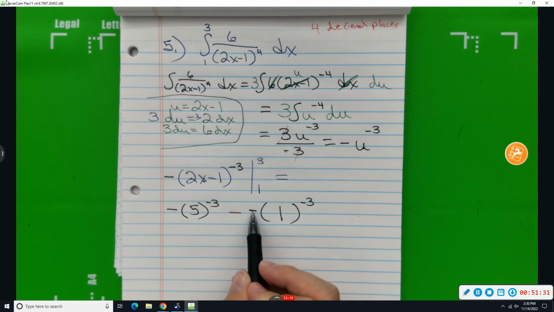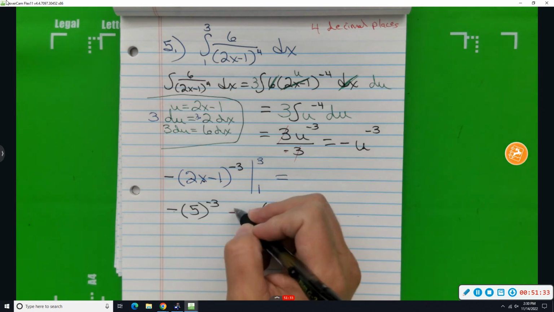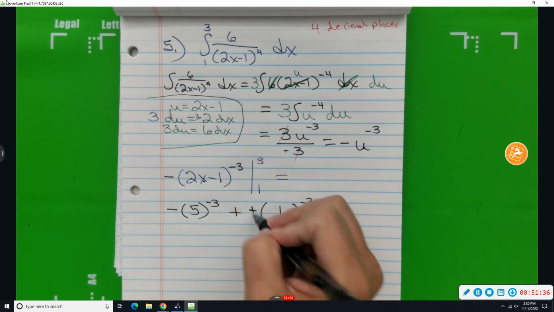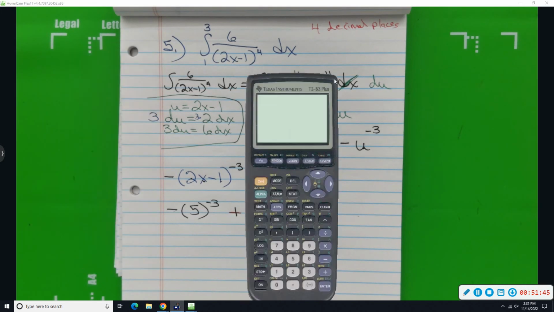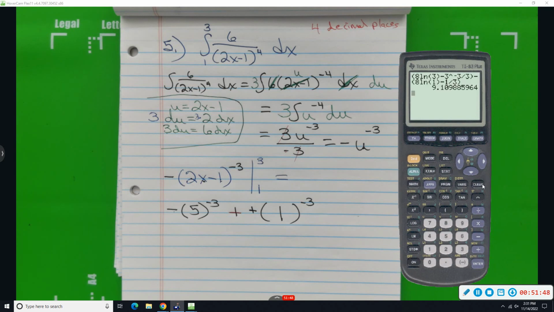But that minus and negative, what's that going to become? It's going to become a positive. I agree. So here goes. Where's my calculator? I'm going to move that calculator closer to where I'm sitting so I can see it better. We have a negative, left parentheses 5, right parentheses, raised to the negative 3 plus 1 raised to the negative 3, but we know 1 raised to any power is still 1.